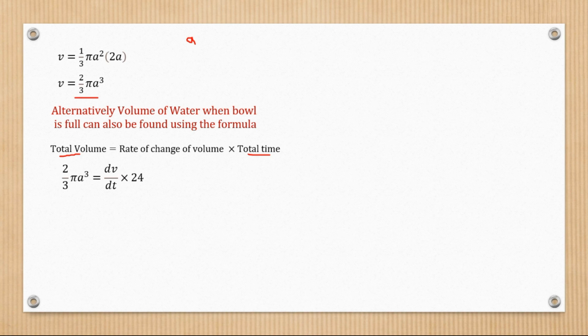We have 2 over 3 pi a cubed equal to dV/dt times 24. Making dV/dt the subject, I have 2 pi a cubed over 3 times 24, which is 2 pi a cubed over 72, and simplified further is pi a cubed over 36 centimeters cubed per second. So now I know the rate of change of volume in this case.